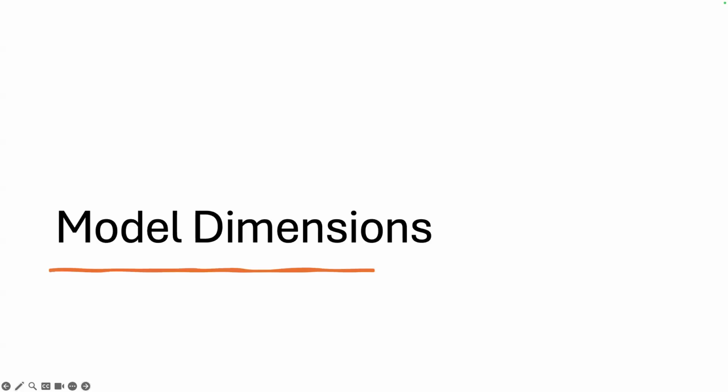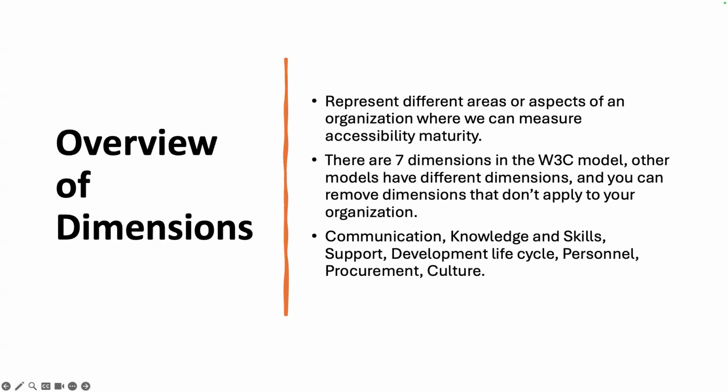There are multiple dimensions to this maturity model. Each dimension represents an aspect of the organization and a place where you can measure accessibility. There are 7 dimensions within the W3C model, which is the one I'm going to look at. You don't necessarily need to use a dimension if it doesn't apply to you.